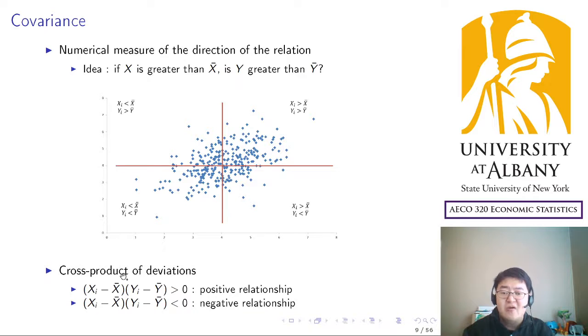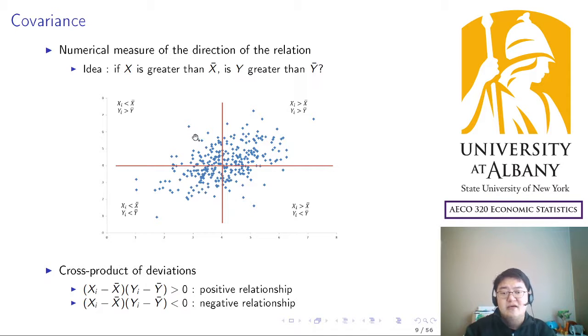If both changes, change in x and change in y, have the same signs, then they would be in the first or the third quadrant. So if you multiply them, you are going to see a positive number, right? This is how we characterize these observations. We are going to use the signs of their products.